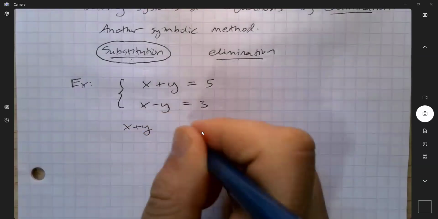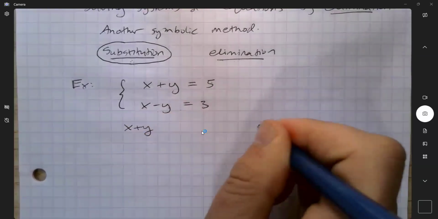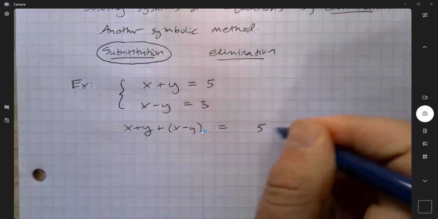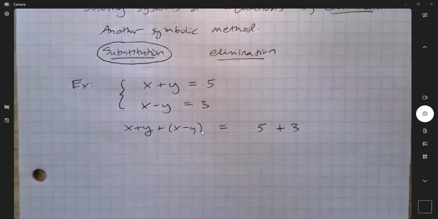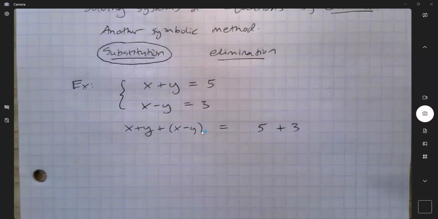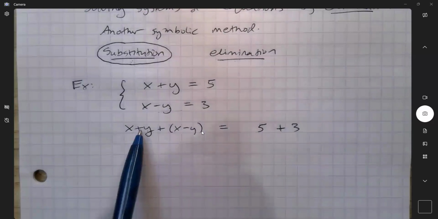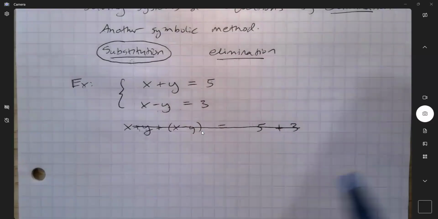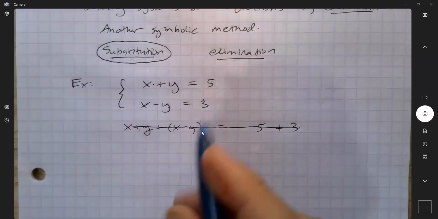If I know x plus y equals 5, and I add x minus y, that should be like adding 3. And this is the whole idea behind elimination, is you can add your equations together, and sometimes you will eliminate a variable that way. Do not add them in line like this. I just wanted to demonstrate. What you do is you just add them vertically.